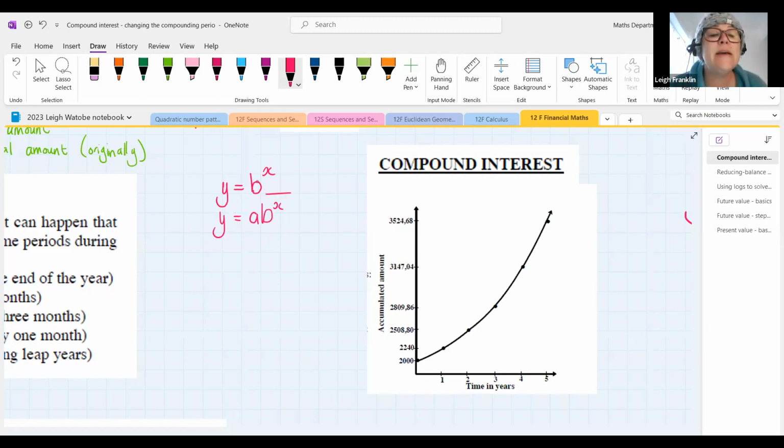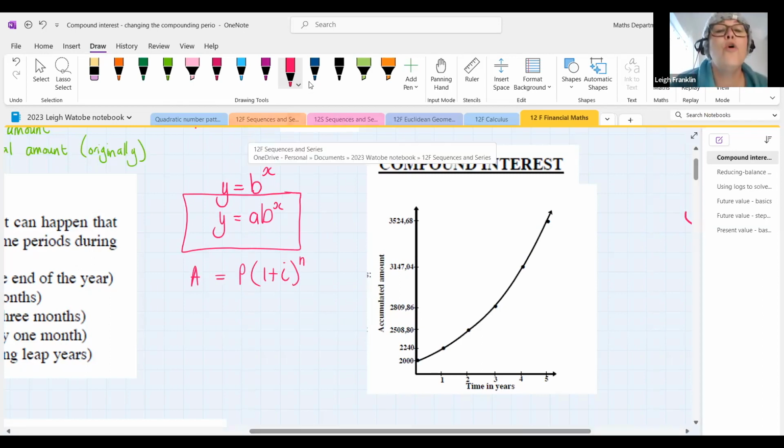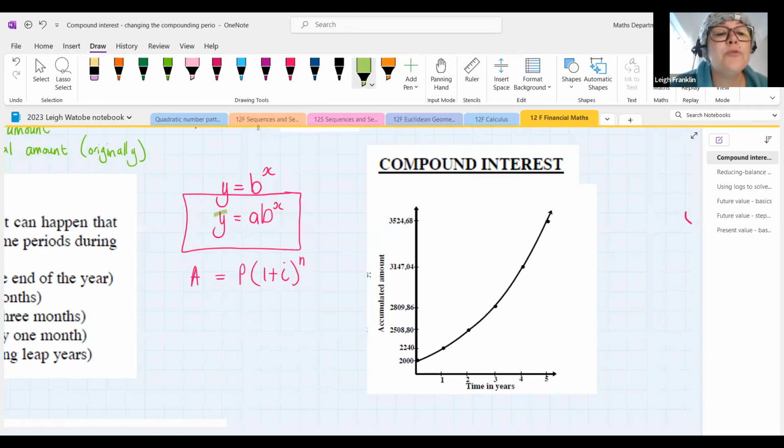So this is basically what A equals P(1 plus i) to the power of n is. The y, our output on our graph, is like our A, our end amount. The initial amount, a, is like our P over here.